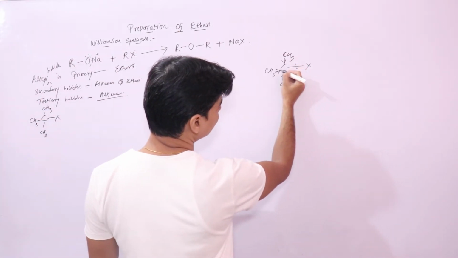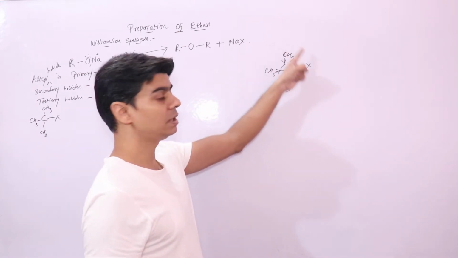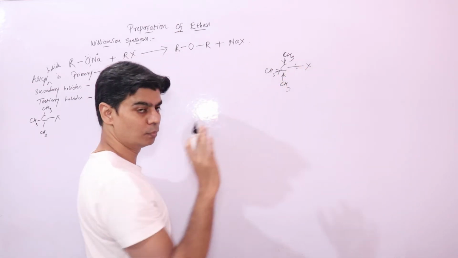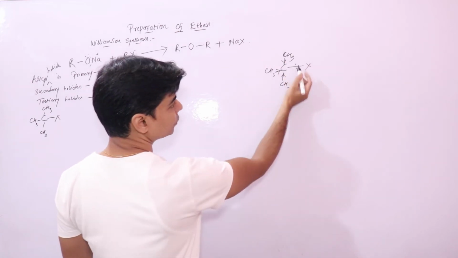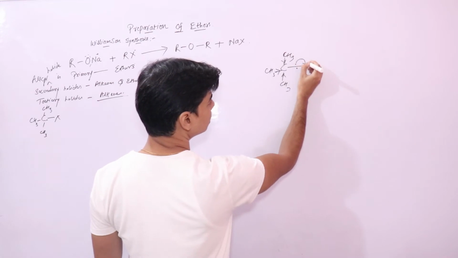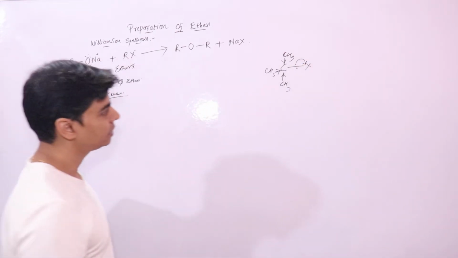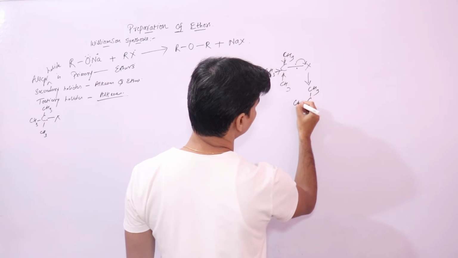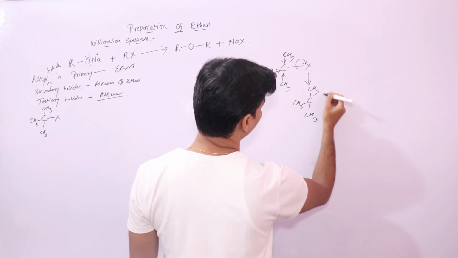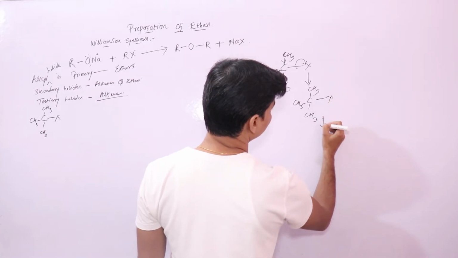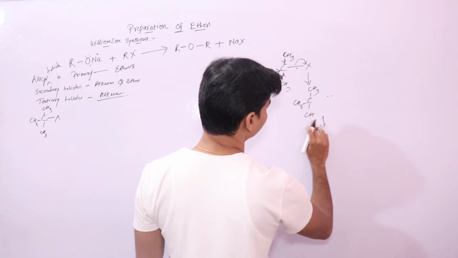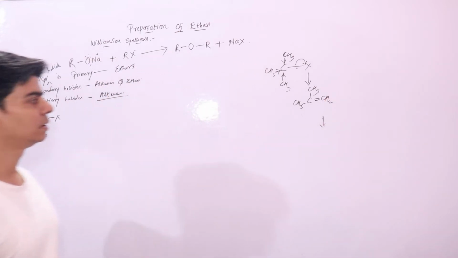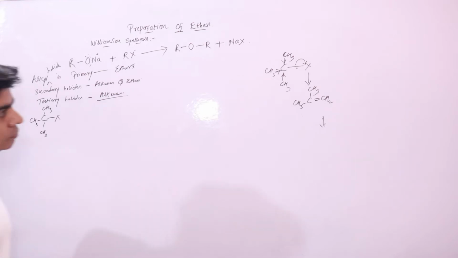So when you have high electron density on this carbon atom because of these 3 methyl groups, it has more negative charge due to these electron releasing groups, so it will repel this electron pair more towards the halide, and the halide will easily leave to form this product, CH2.